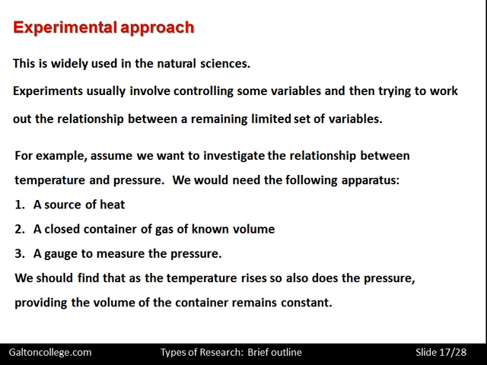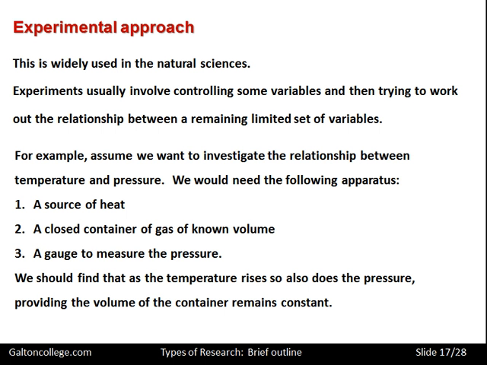And we should find that as the temperature rises, so also does the pressure, providing that the volume of the container remains constant. This you'll recognize as Boyle's law in physics. But note here, the container's volume remains constant. So the experimental approach is to hold some aspects constant and vary others and see what the relationship is.